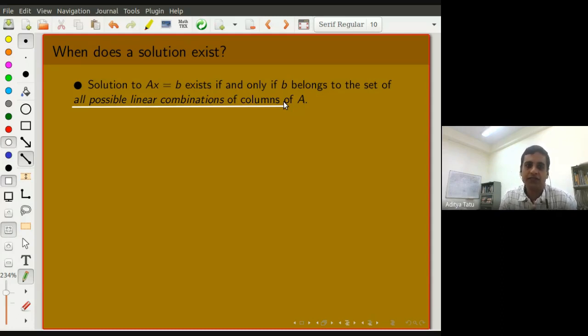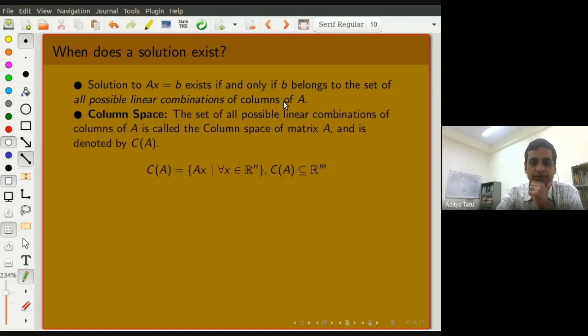Even if I change the right hand side vector b, if I pick some element from this set, the solution will exist, otherwise no. So this set deserves a special name. The set of all possible linear combinations of columns of A is called the column space of the matrix A.